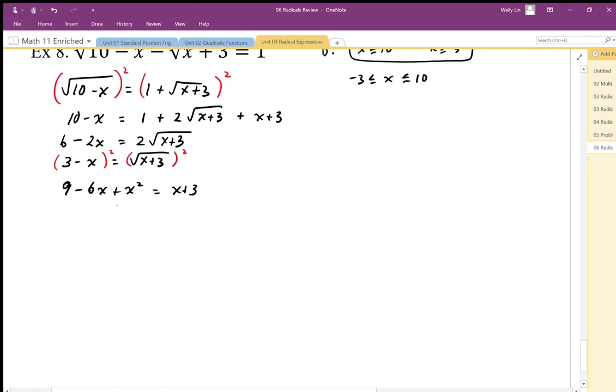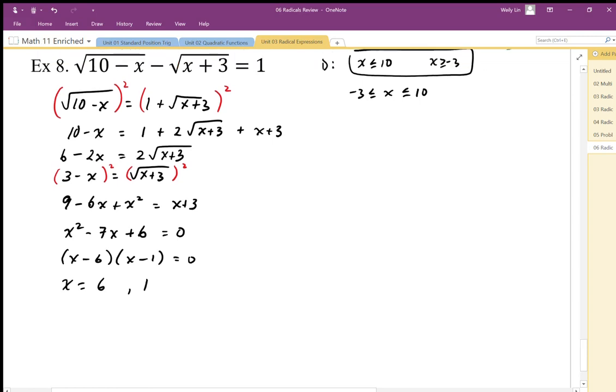Okay, it's a quadratic equation. Subtract x from both sides. Subtract 3 from both sides. It is factorable. So we end up with our two solutions, 6 and 1.